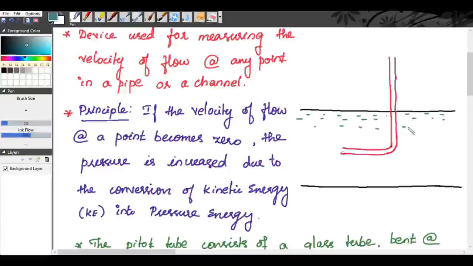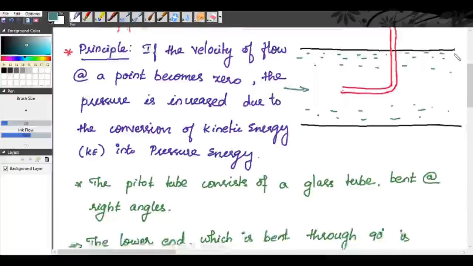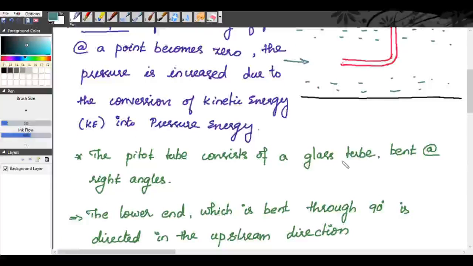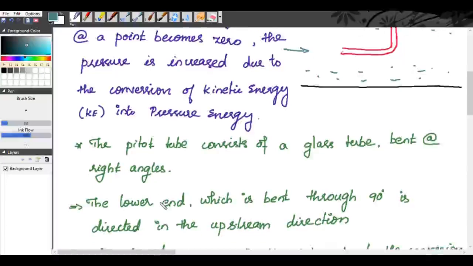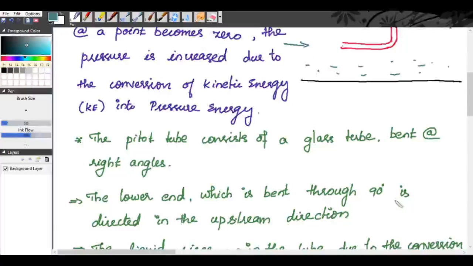The liquid is flowing in this direction, this is the direction of flow, and this tube is called the pitot tube. The lower end, which is bent through 90 degrees, is directed in the upstream direction.